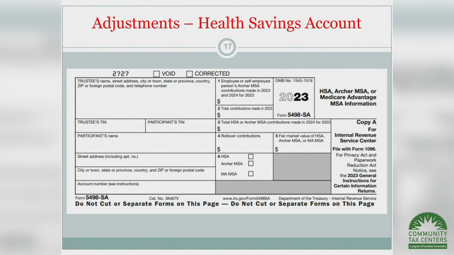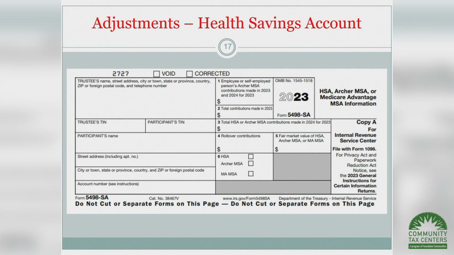Now, contributions can be made by an individual, an employer, a family member, or other individuals. Employers' contributions, as I stated earlier, are noted on the W-2, box 12, and there'll be a code W. And this also includes amounts contributed by the employee through a cafeteria plan.